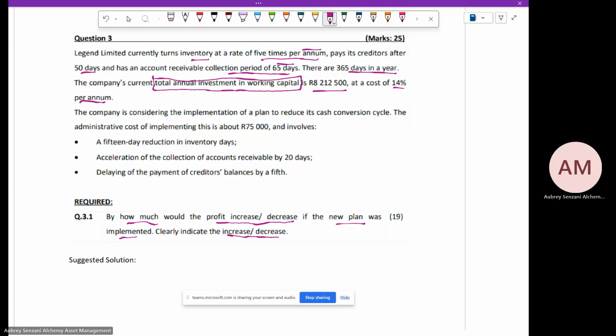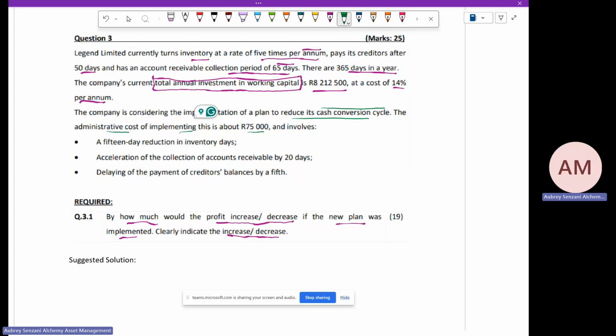Then it goes on to say, the company is considering implementation of a plan. Now we're moving on to something different. Implementation of a plan to reduce its cash conversion cycle. The administrative costs of implementing this is about 75,000.